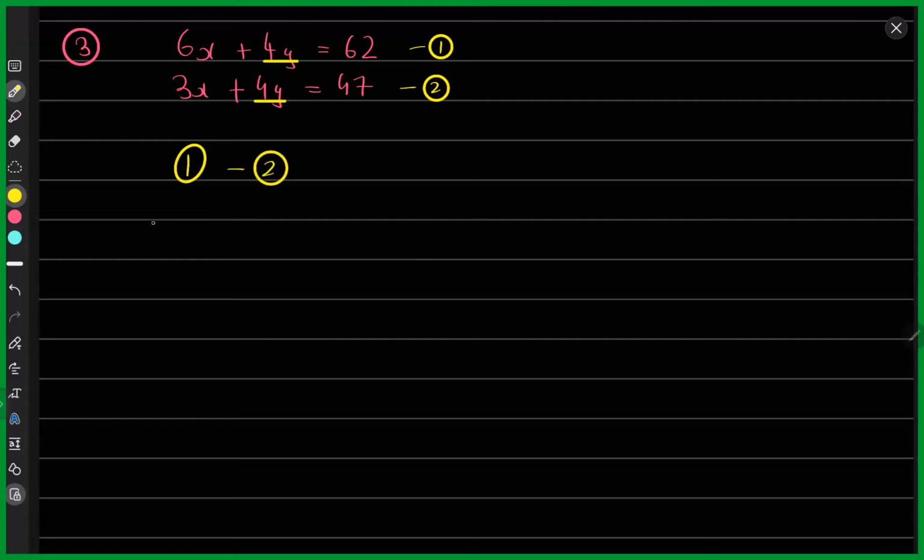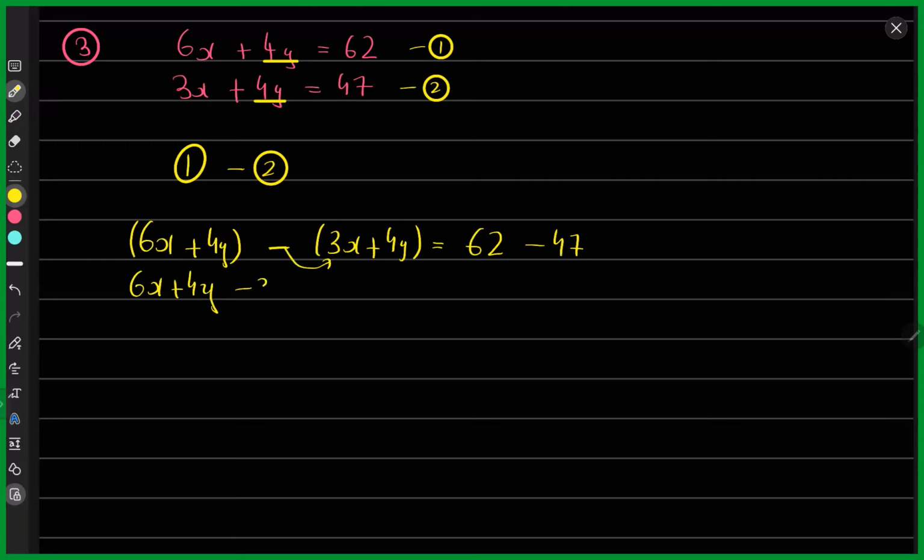It is going to give me 6x plus 4y minus 3x plus 4y equals 62 minus 47. Next, I'll just simplify it quickly. 6x plus 4y minus into 3x would make it minus 3x minus 4y equals 62 minus 47.